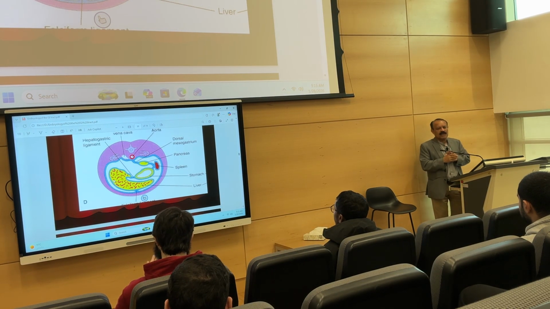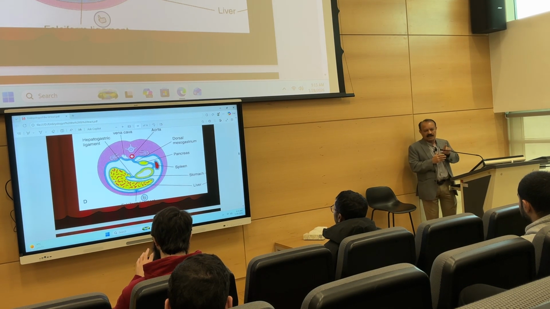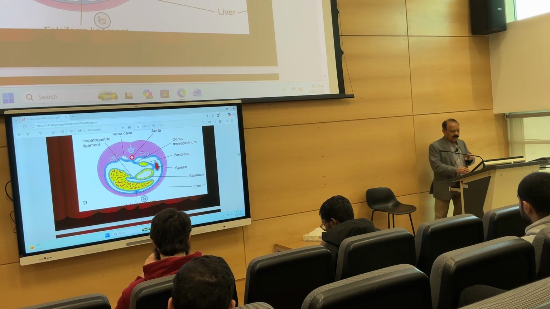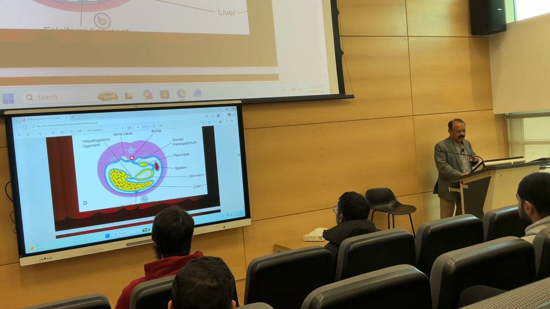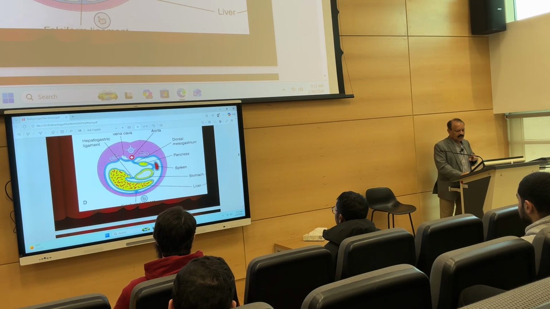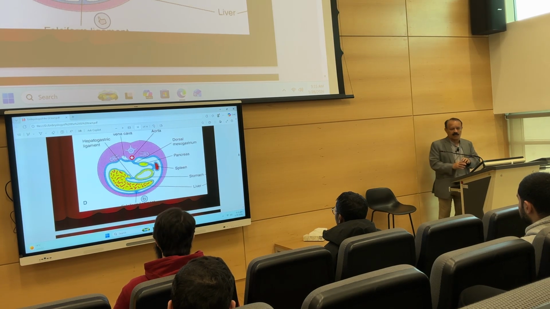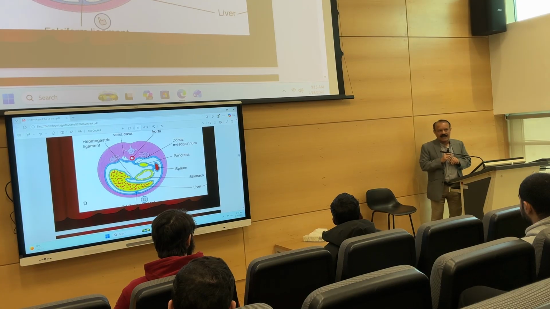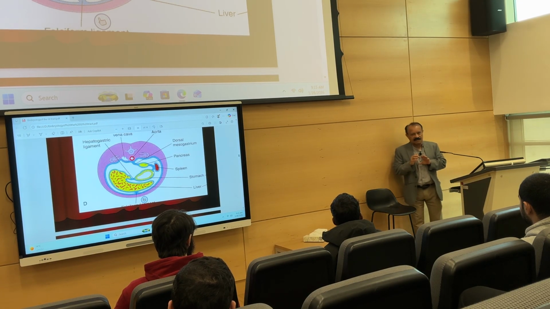Anything attached to the right border would be called the lesser curvature. Anything attached to the left border, so this is the right border, this is the left border, anything attached to this is the greater omentum. Now think carefully, this is very important.